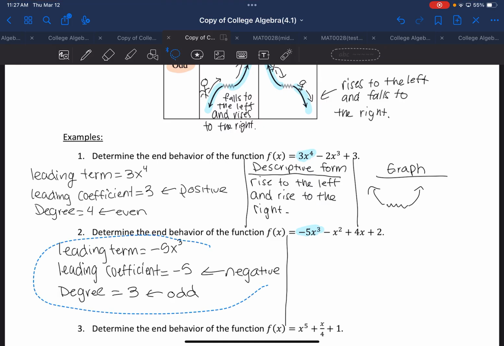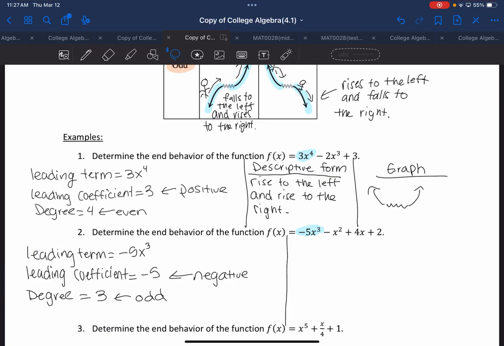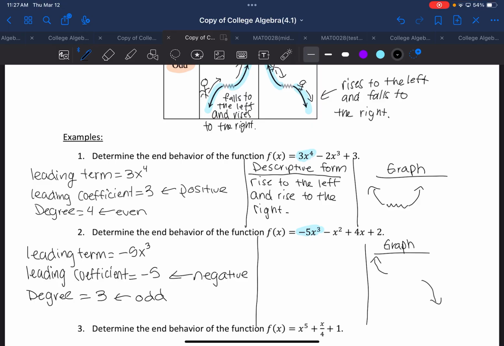On this one, I'm going to draw the graph first because it's easier for my brain to write the descriptive form if I draw the graph first. So odd means going in different directions, and negative means it has to be decreasing from left to right. So it would have to be pointing up to the left and then down to the right in order to be decreasing from left to right.